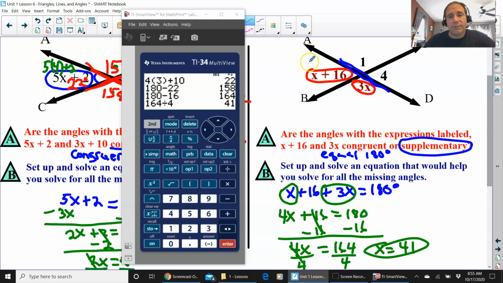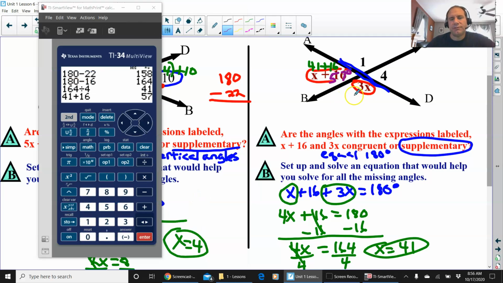So I am going to substitute here 41 plus 16. And having the calculator right next to you definitely does help. We have 57 degrees. So I'm going to put this as 57. And then I am going to do 3 times 41. And remember, my x is 41. That's what I solved for.